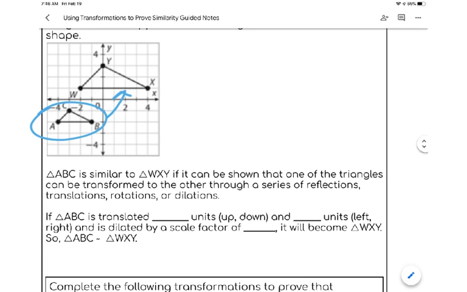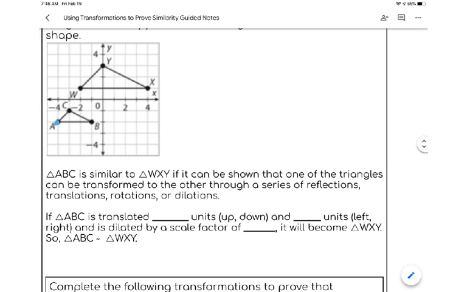For a translation, we remember we're just moving the figure. So how many units will we need to go up in order to get the corresponding points onto one another?